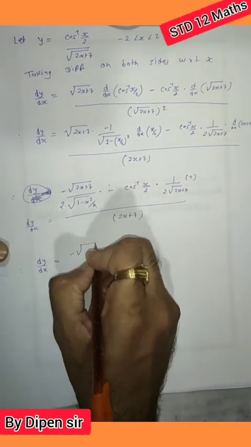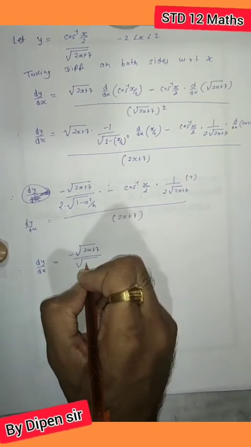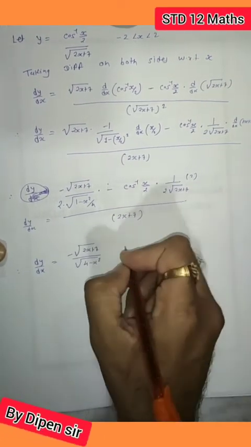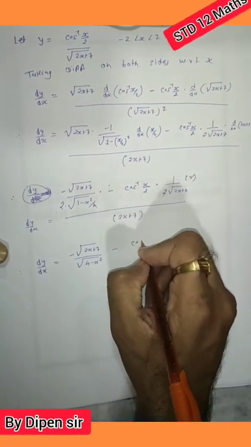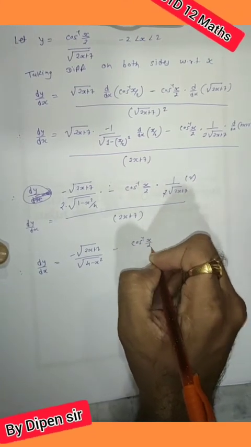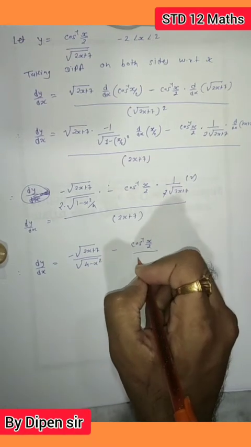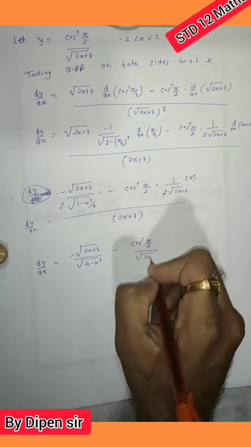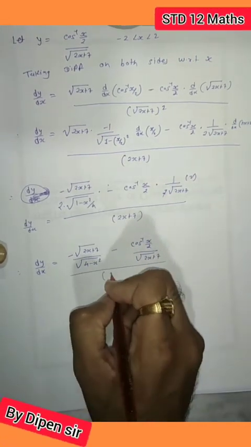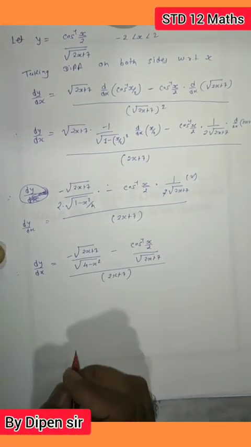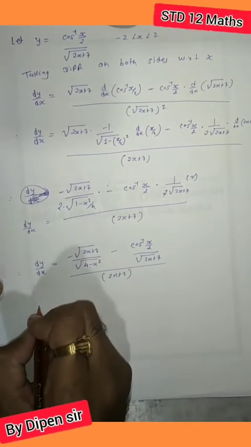So it's minus square root of 2x plus 7 upon square root of 4 minus x square, minus this 2 will be cut, so it will be cos inverse x by 2 divided by root 2x plus 7. This is your numerator and whole divided by 2x plus 7. Now you can perform cross multiplication and write your answer.